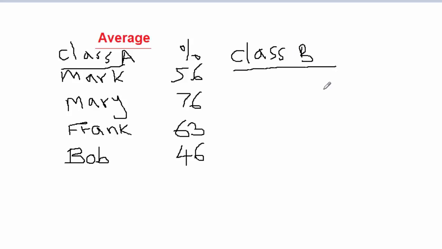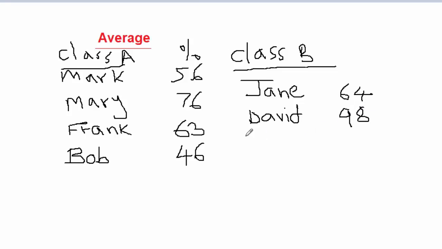Class B. And in class B, we could be having some 4 students again, maybe Jen with 64, and let me write 64 properly. 64. Another student could be there, David being a student there, scored 98.